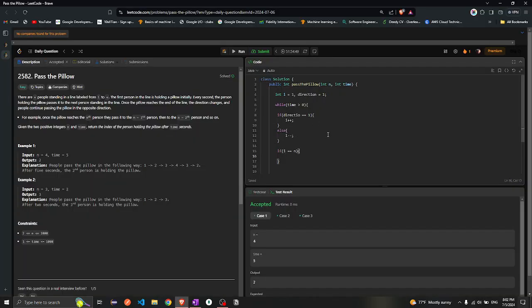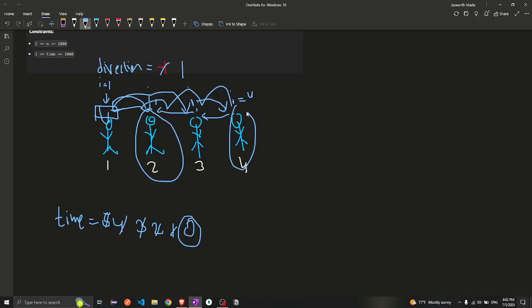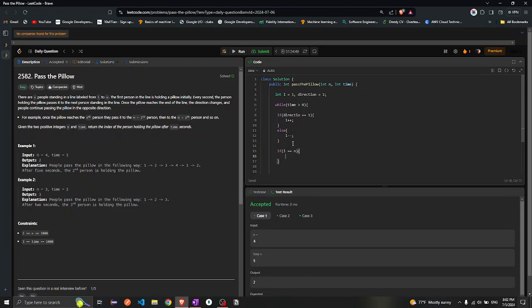So when I reaches n, the direction becomes -1. And when I reaches 1, the direction becomes 1, right? At every step my time will reduce, right? And at the end I just need to return the I.